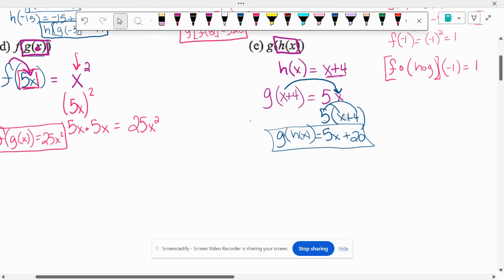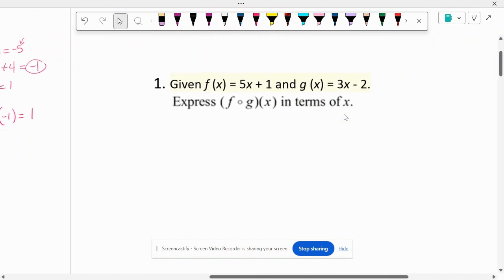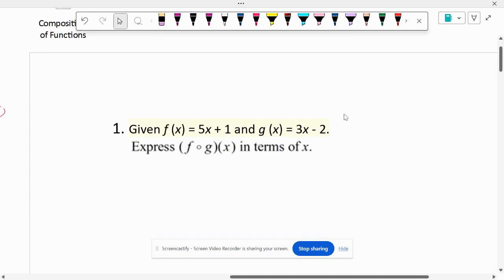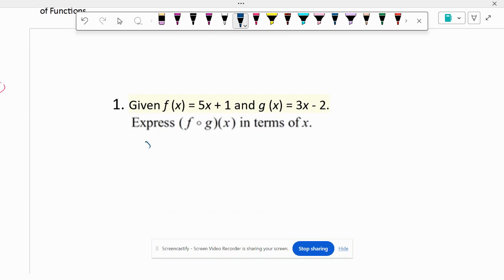I've put some examples over here because I think that they're valuable. This is saying evaluate f of g of x in terms of x, meaning keep the x. So g of x is 3x minus 2, and this is what I'm substituting in for x in the f function.